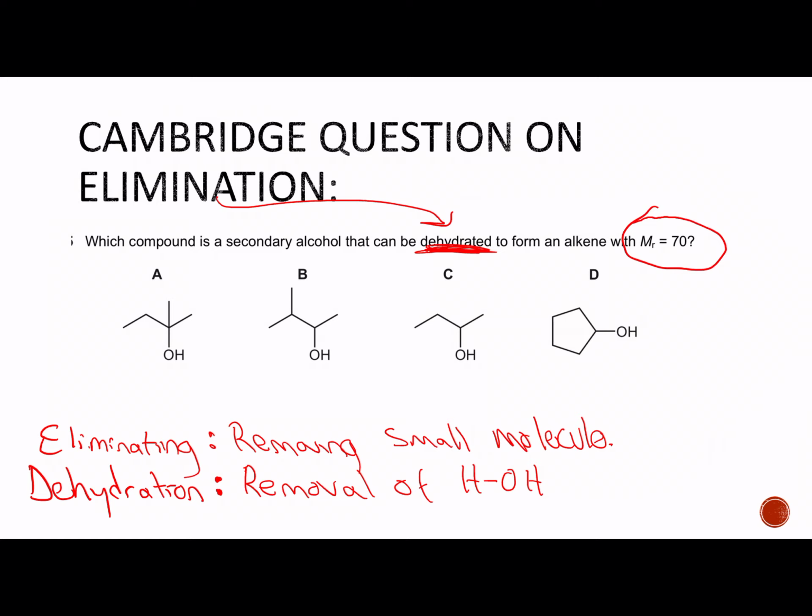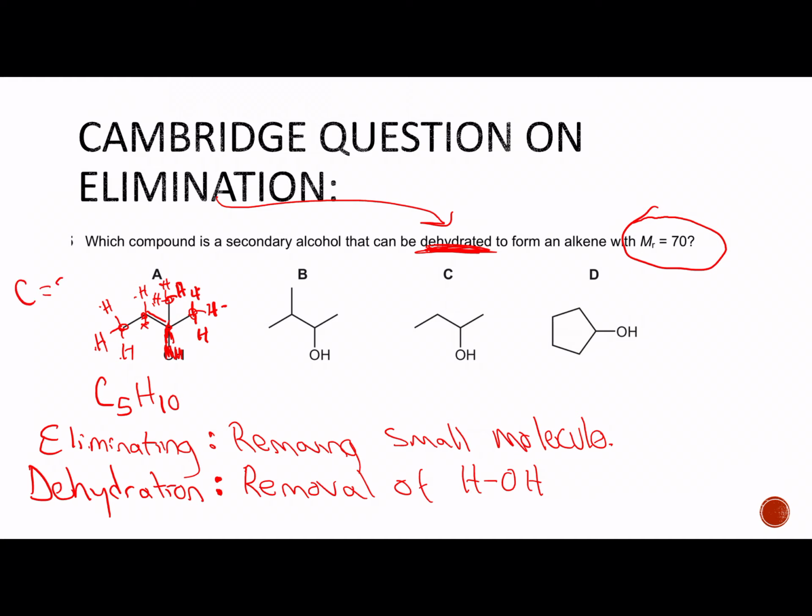So for the first one, think of it like this. I'm removing the OH, and I'm removing a hydrogen. So then that means that I have a hydrogen here, a hydrogen here, a hydrogen here. This hydrogen is the one that's gone, because this is now a double bond. And then I have a hydrogen here, a hydrogen here, a hydrogen here, there, there, there, and there. So I have a total of 5 carbons, C5, and 10 hydrogens, H10.